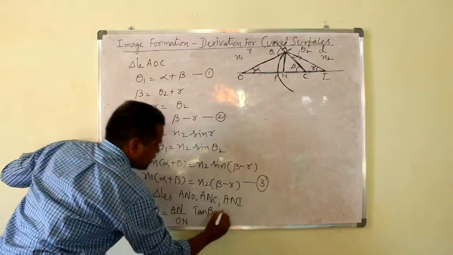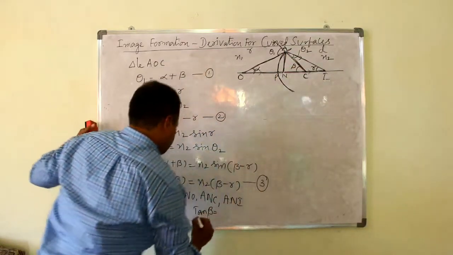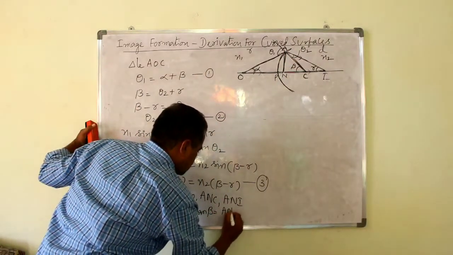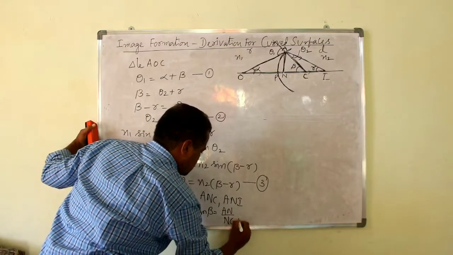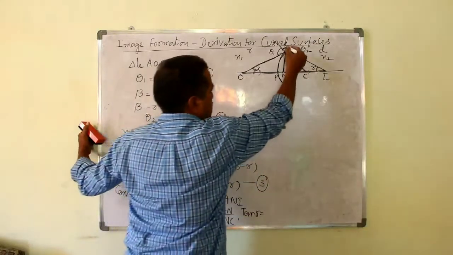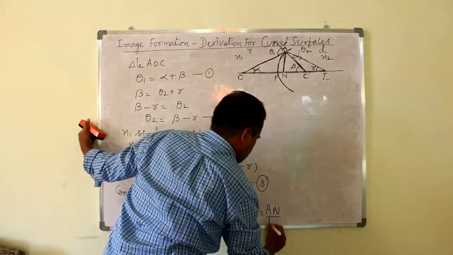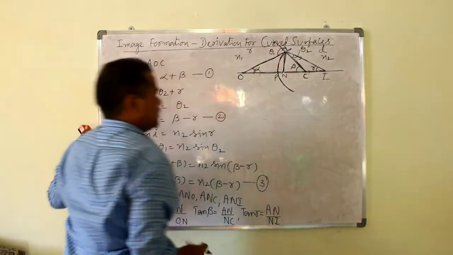Tan beta is AN by NC. Tan gamma is AN by NI.